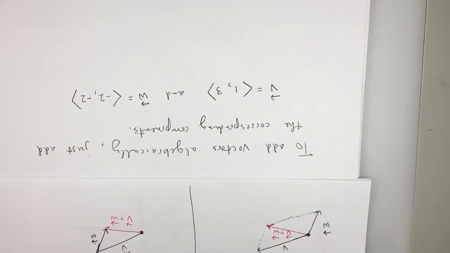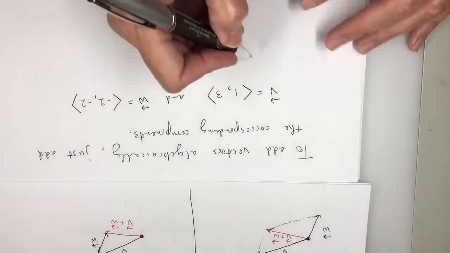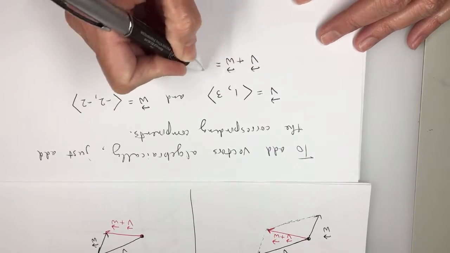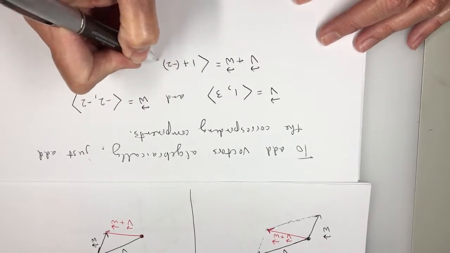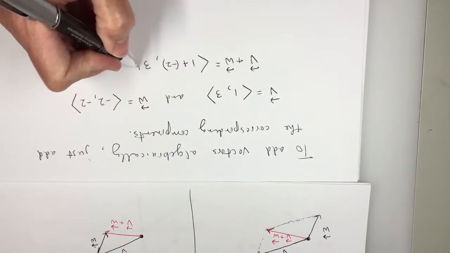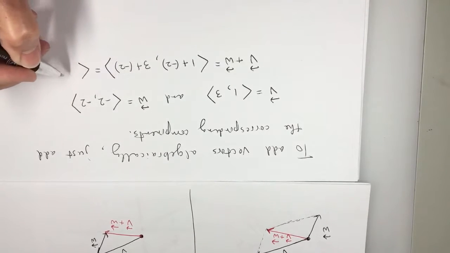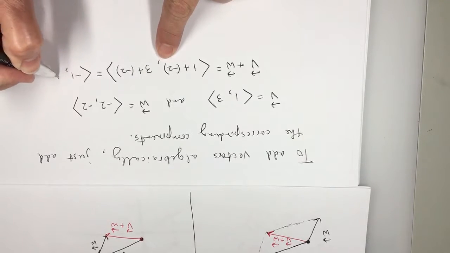So I have these 2 vectors. I'm going to sketch them, but in fact, let's just go with V plus W would be, add the components, 1 plus -2, and then 3 plus -2. So V plus W would be -1, 1.